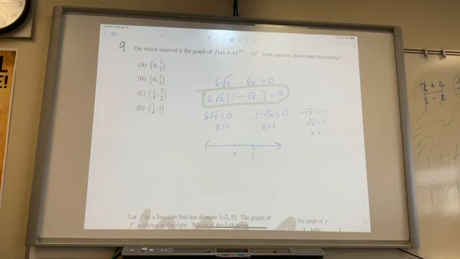Guess what, guys? We're not going to plug in anything less than 0, because anything less than 0 gives us imaginary numbers. Right? Okay, so let's plug in a half. Square root of a half is positive, and 1 minus square root of a half is positive.